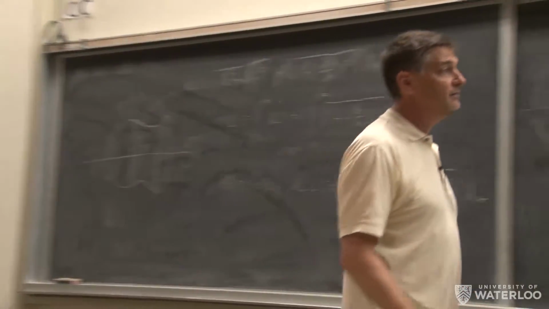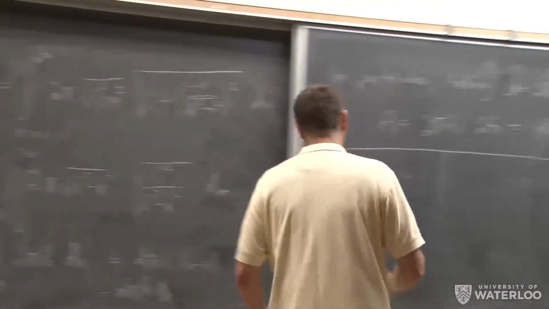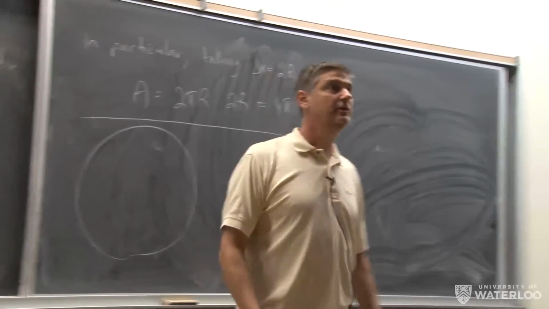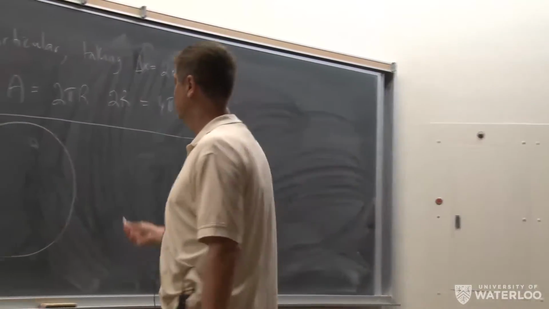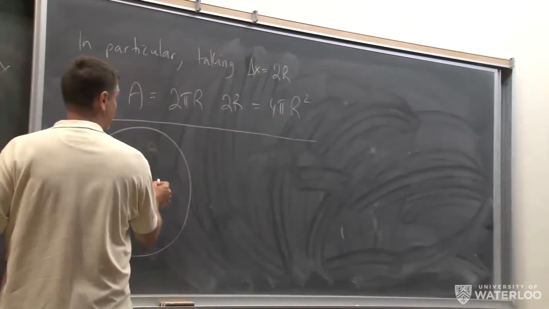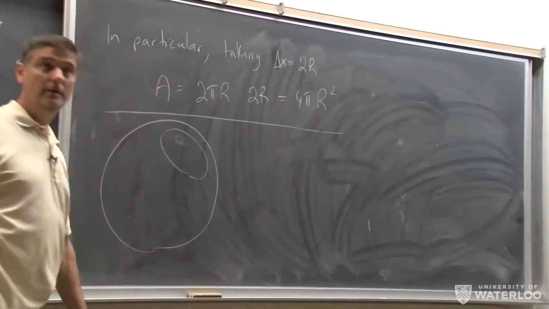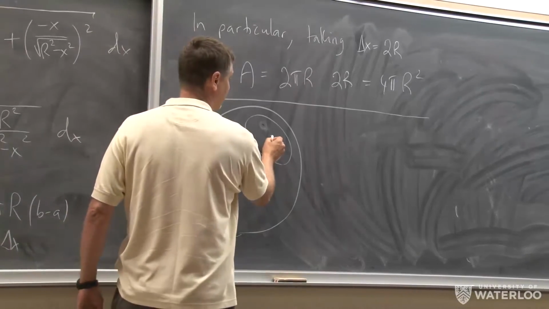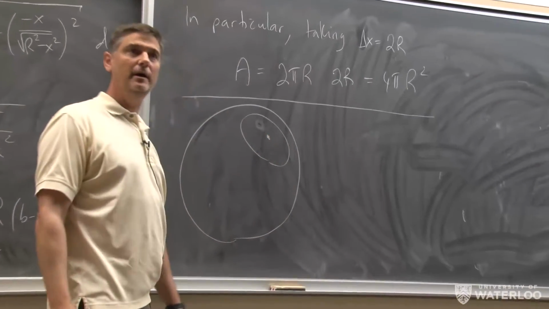Let's do a few other formulas. So let me get another formula. Suppose we're interested in a circle on the sphere. Okay, imagine a circle on the sphere. You could call it a spherical circle. A circle on the sphere is the set of all points which are equidistant from a given point on the sphere.